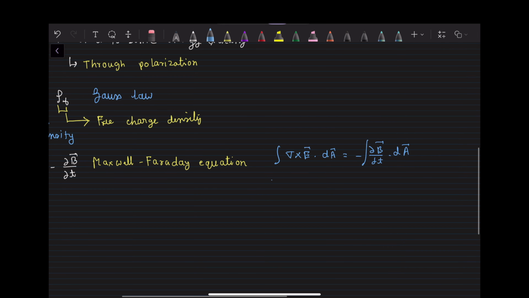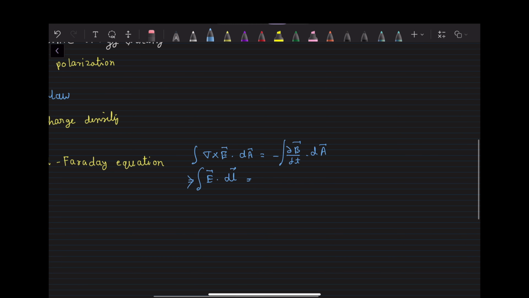Then we can use something called the Kelvin-Stokes theorem, which can be used to convert area integration to line integration. So I'll just write the theorem here for reference.